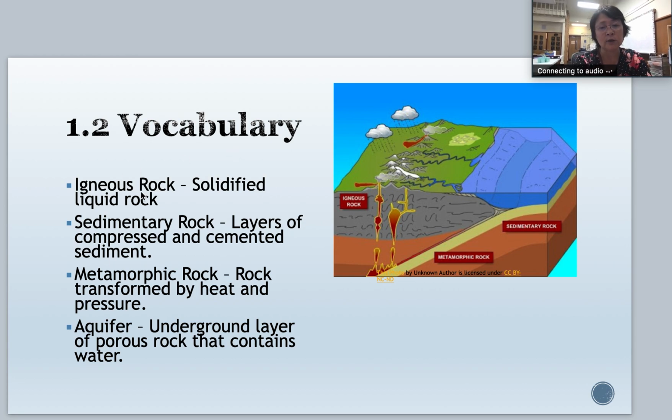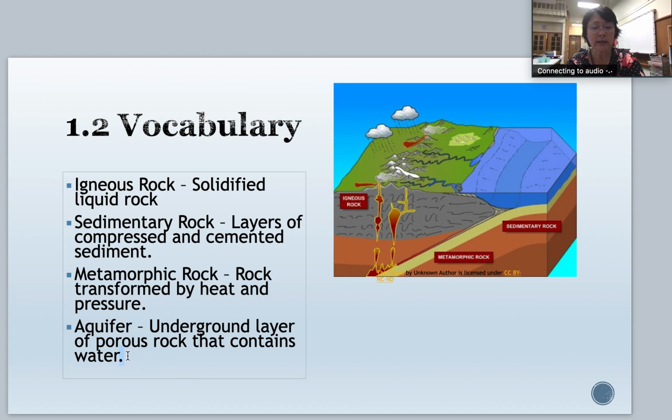So igneous rock is solidified liquid rock, kind of like lava, right? We have sedimentary rock, and these are layers of compressed and cemented sediment. Metamorphic rock is rock transformed by heat and pressure. And aquifer is an underground layer of porous rock that contains water.